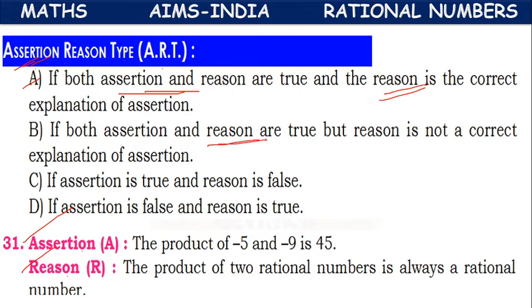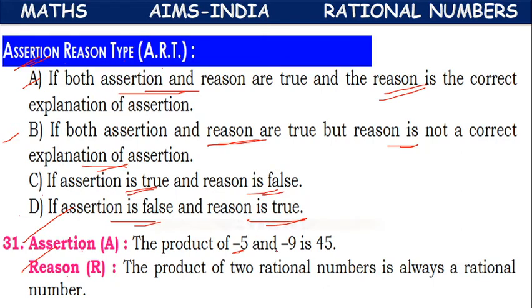If both are true but the reason is not the correct explanation, we choose B. If the assertion is true and the reason is false, then C. If the assertion is false and the reason is true, then we choose D. First we have to understand both the assertion and reason statements, next check whether there is any relation between them, then choose the correct option.